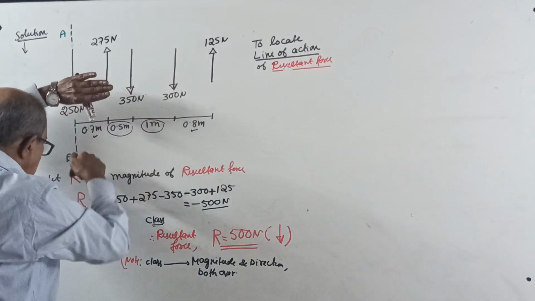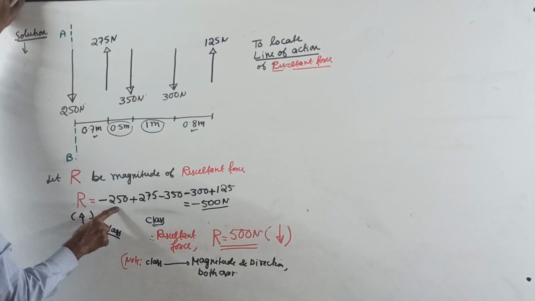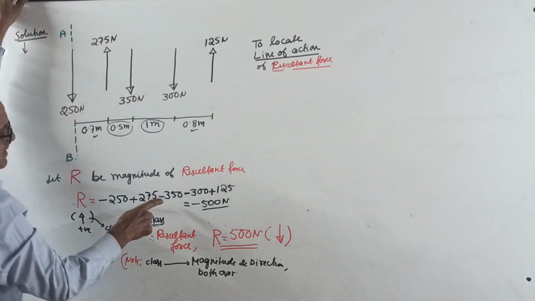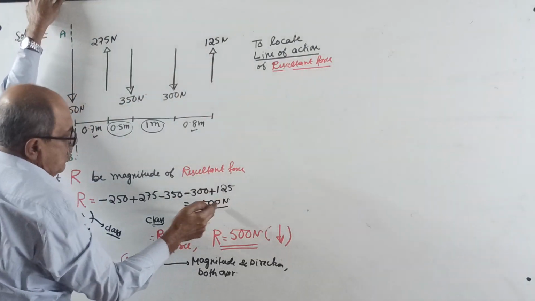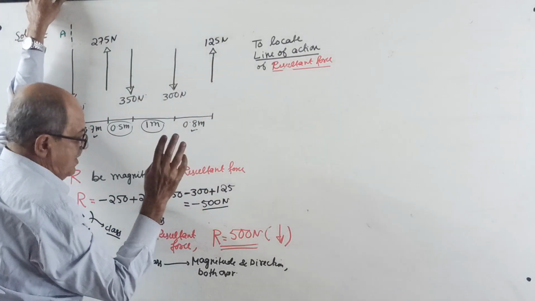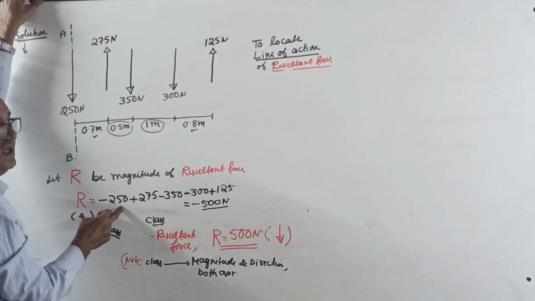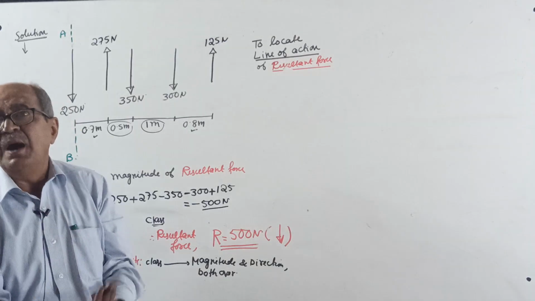Taking upward positive, R equals minus 250 plus 275 minus 350 minus 300 plus 125. The answer came minus 500. Class, we found the resultant magnitude assuming the direction to be up.